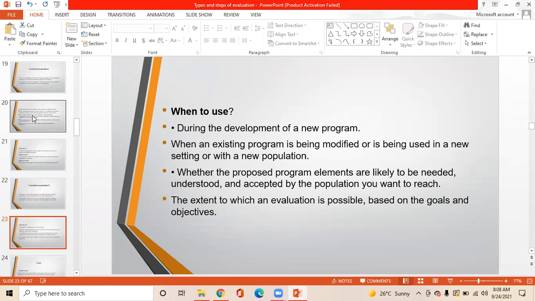During the development of a new program, and when an existing program is being modified or is being used in a new setting or with a new population, whether the proposed program elements are likely to be needed, understood, and accepted by the population you want to reach, and the extent to which an evaluation is possible based on the goals and objectives.